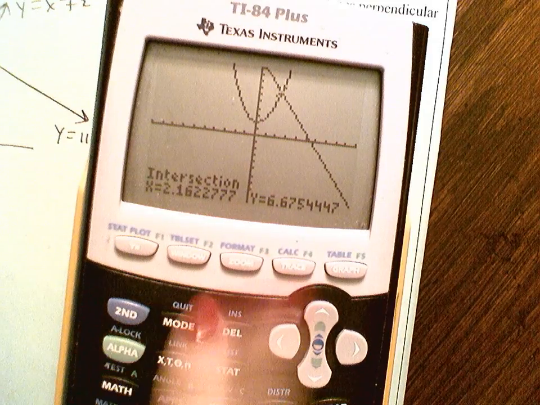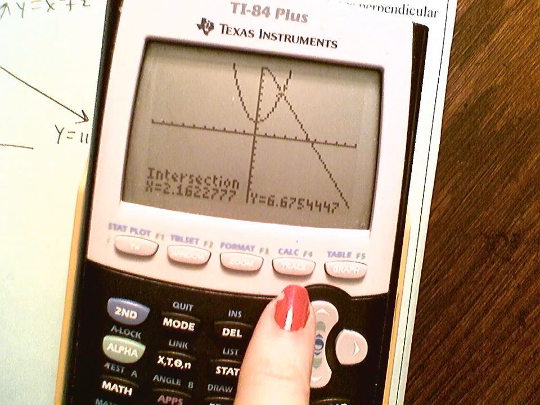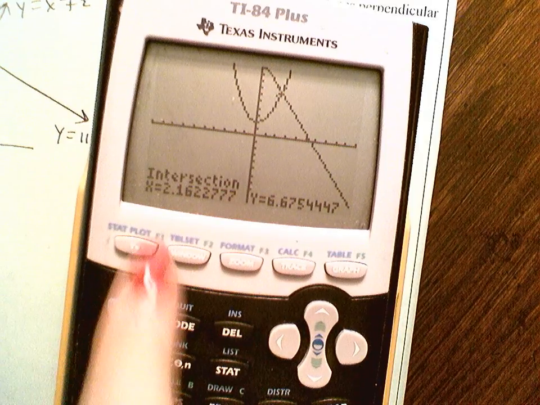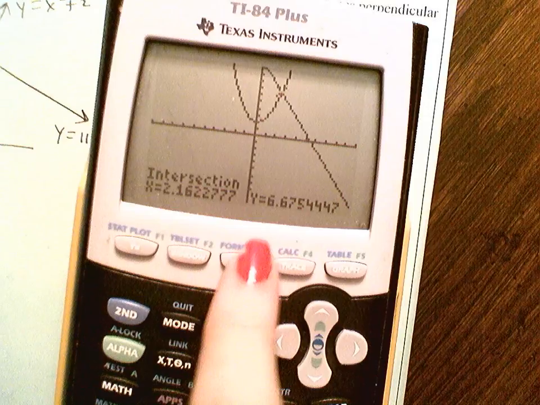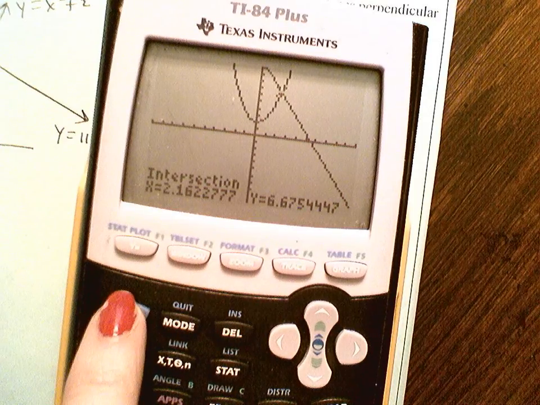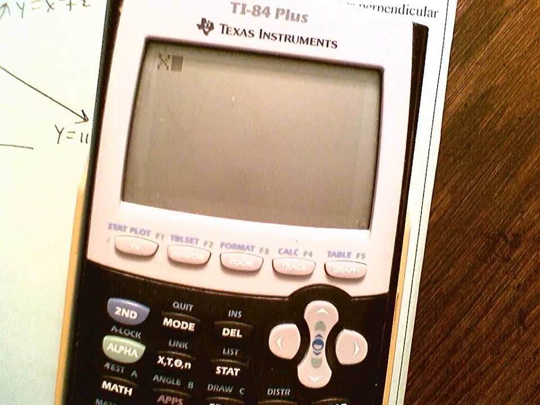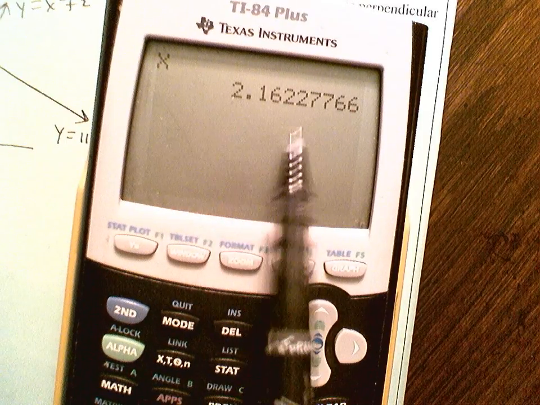The good thing is, since we just used this intersect feature, right now if I go to my home screen, second quit, and I type in X, you'll see what happens. That's the X coordinate of the intersection point.